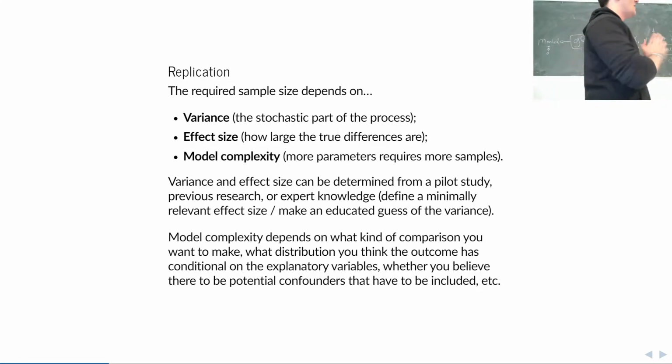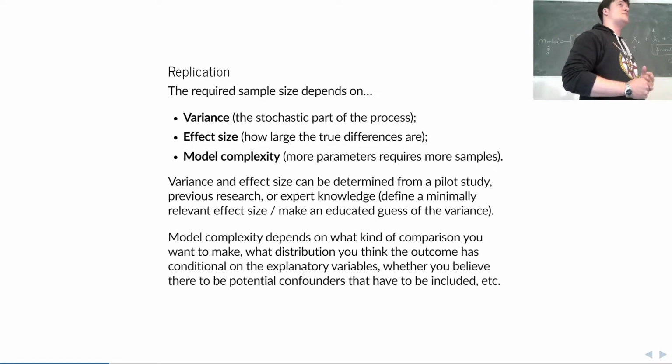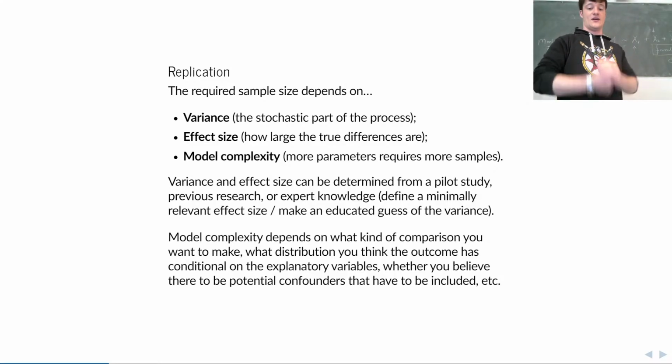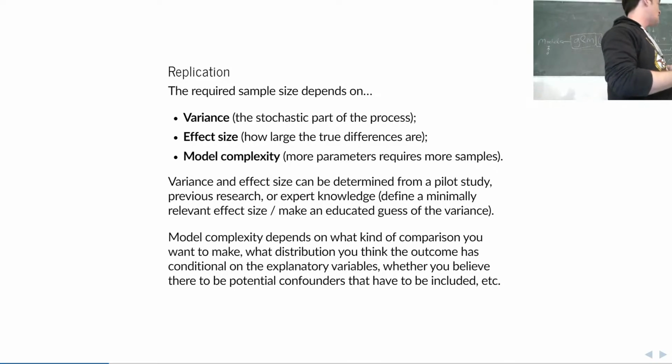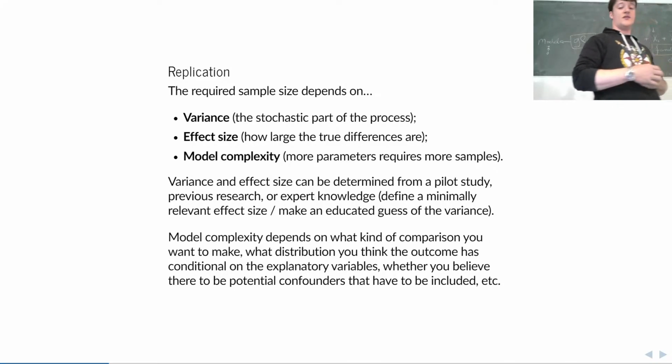A normal linear model with a normal distribution for the errors is very simple to estimate. But a negative binomial GLM for over-dispersed counts costs more degrees of freedom to estimate because that probability distribution has more parameters. Finally, confounders: the more things you add to the model, the more you need in terms of sample size.